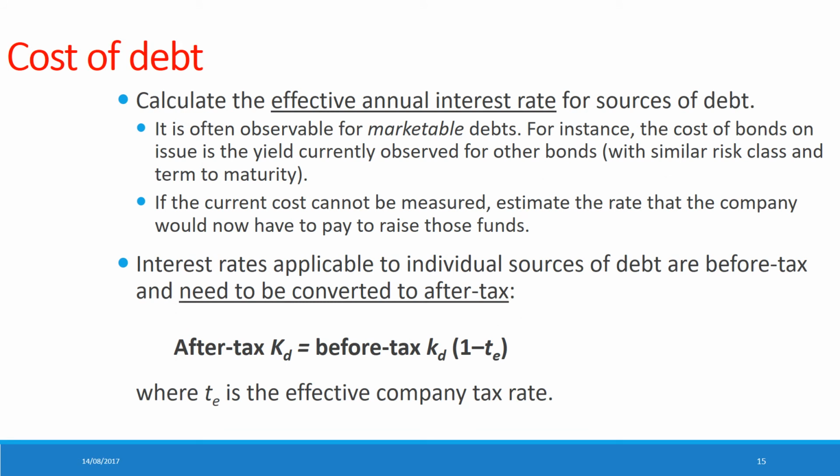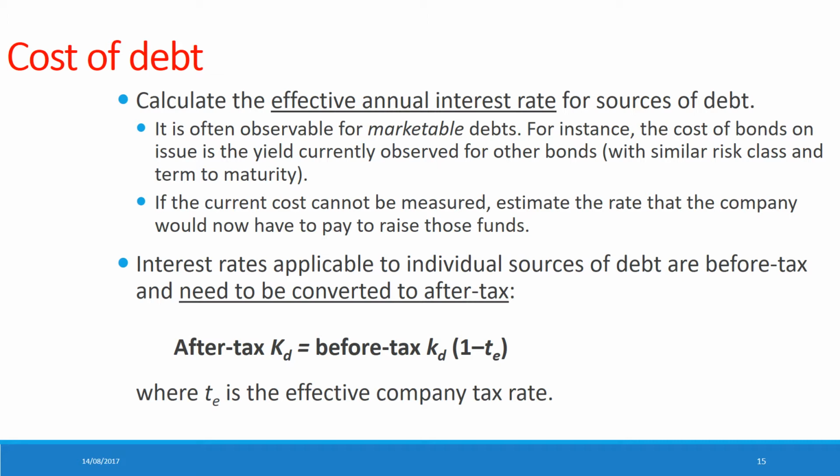We then turn to the cost of debt. In these kinds of calculations, what we care about is the effective costs of these items. So we have the effective cost of equity, and we also have the effective cost of debt.